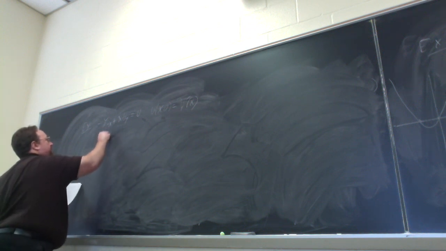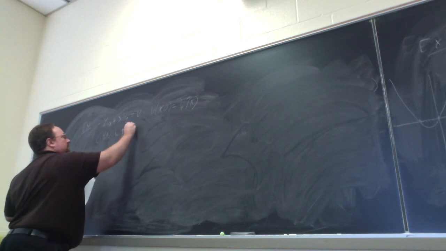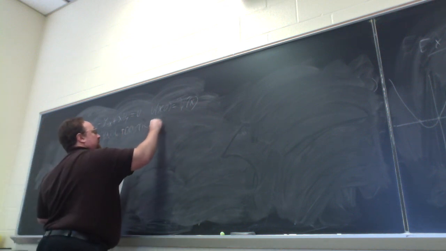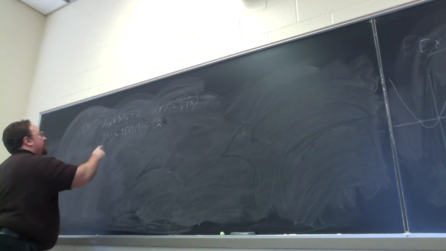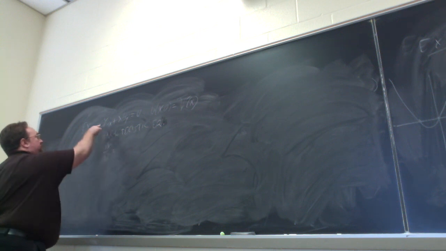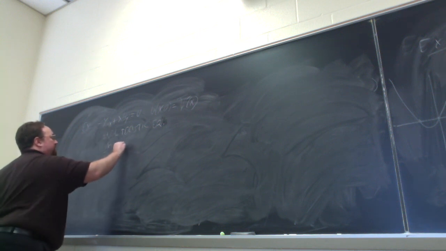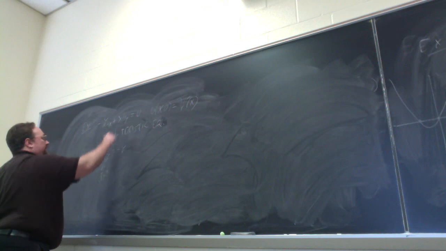Okay, so your characteristic equations: dx/d tau is the coefficient of du/dx, which is minus y. dy/d tau is the coefficient of du/dy, so that's going to be x.